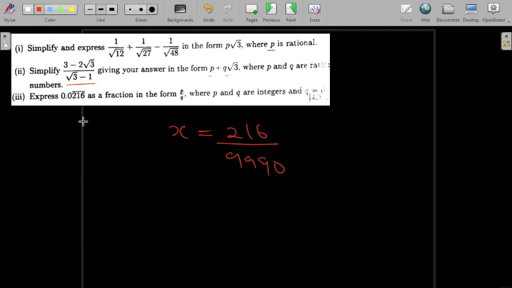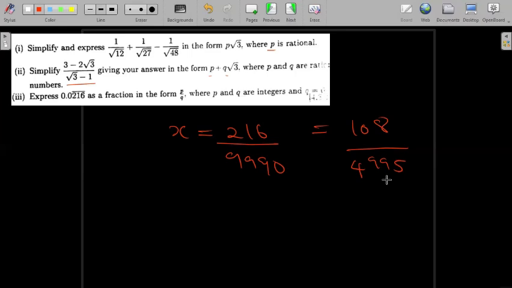It's obvious, 126 can be divided by 2, and it gives you 63. Then the other one can also be divided by 2, and you have 4,995. Ask yourself, are there any other common factors?